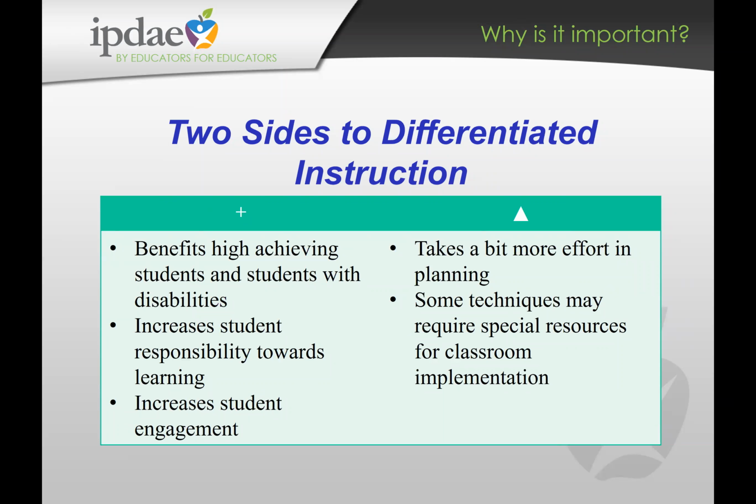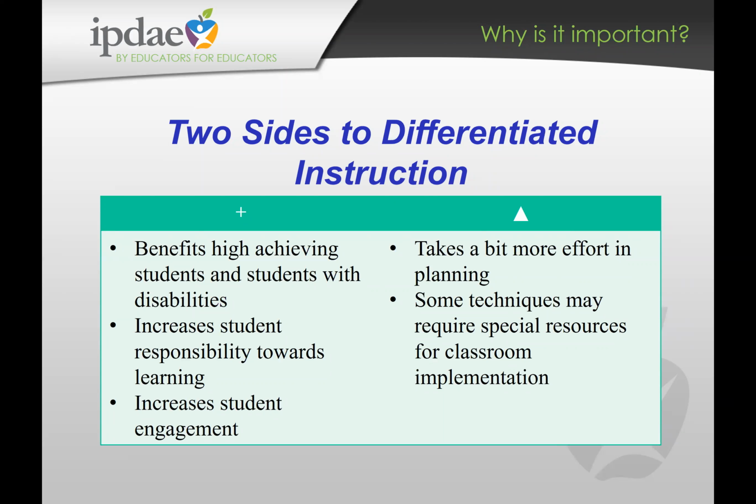Also, I do not want to fail to mention that students with disabilities are the greatest benefactors of differentiating instruction. So for these students, we really have to provide some accommodations, modifications into our instruction so that they can reach and be able to master content. Providing those accommodations are key for our students to become more successful.